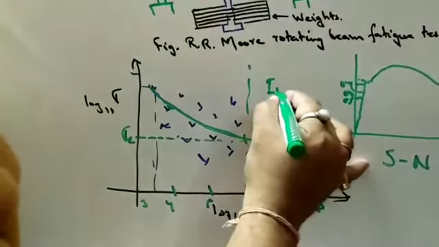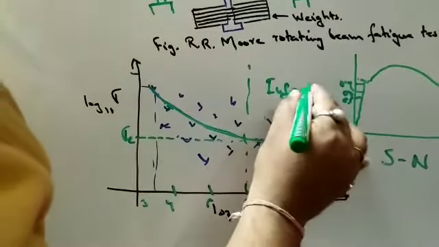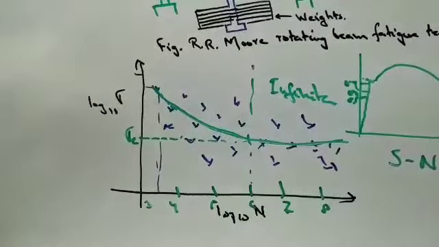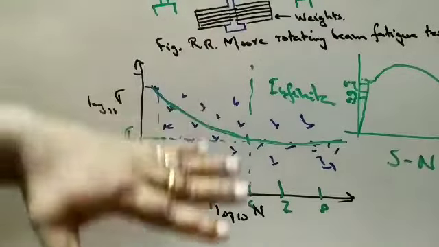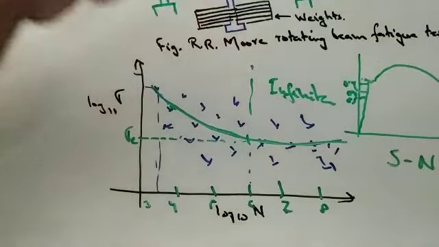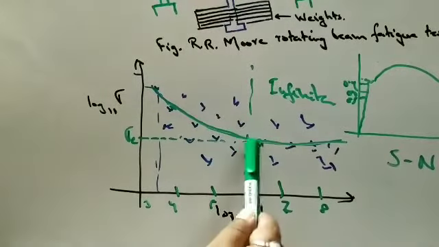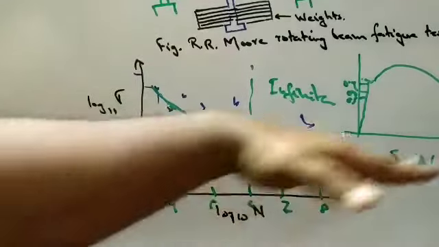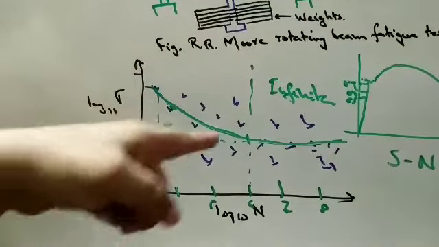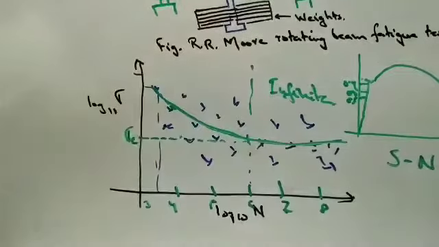That means for the material from which the specimen is made, after all, we have done all the experiments on different specimens made of the same material. After this life, the material will not fail. So this is called the material has achieved an infinite life.